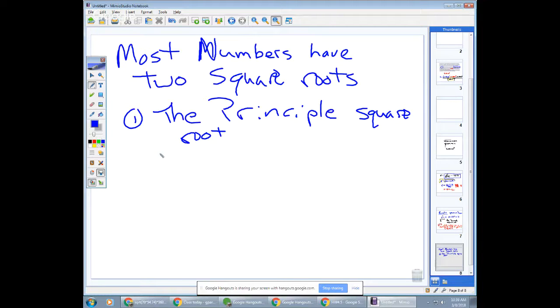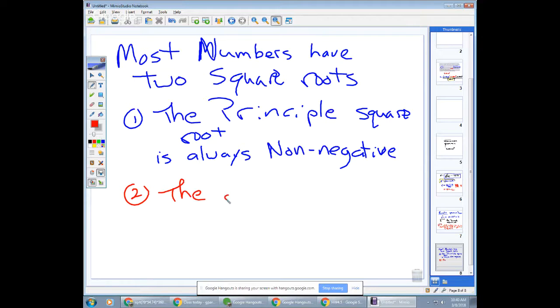And the principal square root is always non-negative. And some numbers have another square root, which has no better name than the other square root. Doesn't get a special name. And that one is usually negative.